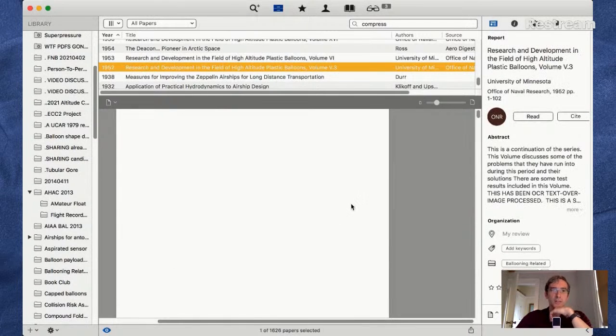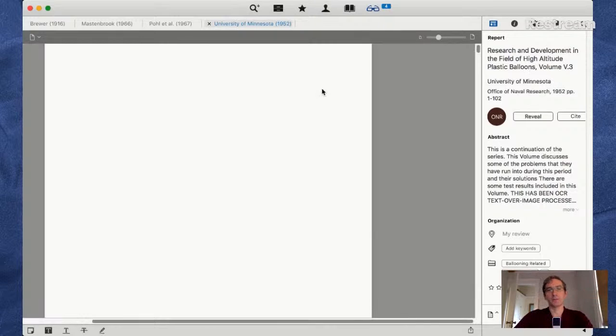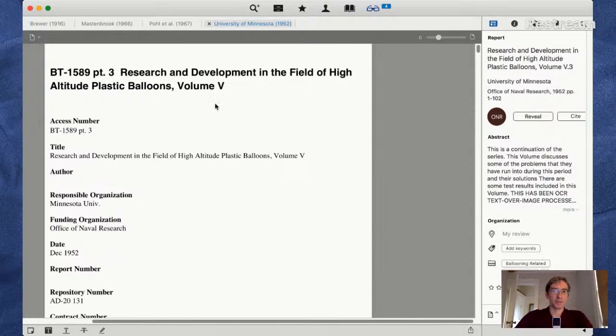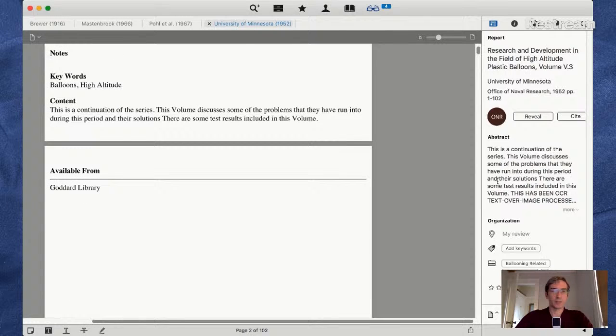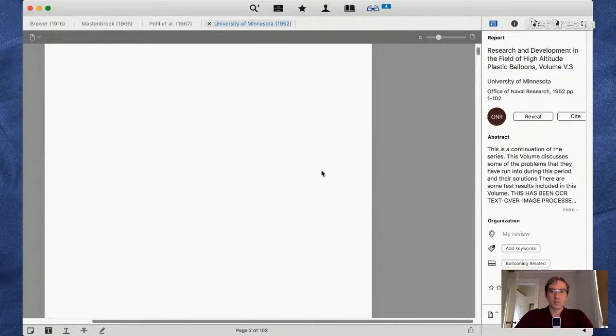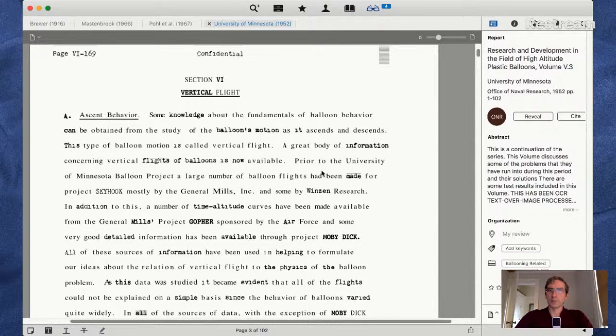I've been kind of avoiding this paper because it's huge, though it is very good. It's very good, but it's huge. 100 pages. Take a look, because the General Mills in the University of Minnesota, holy moly, it's the Lone Ranger. Where's my volume?